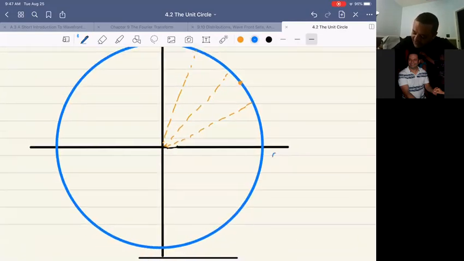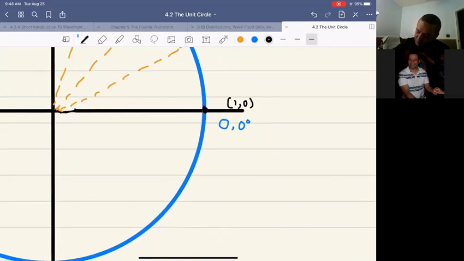This angle here is 0 radians and 0 degrees, and the point that corresponds with it is the point 1, 0. So for example, from here we get that the cosine of 0 equals 1 and the sine of 0 equals 0.